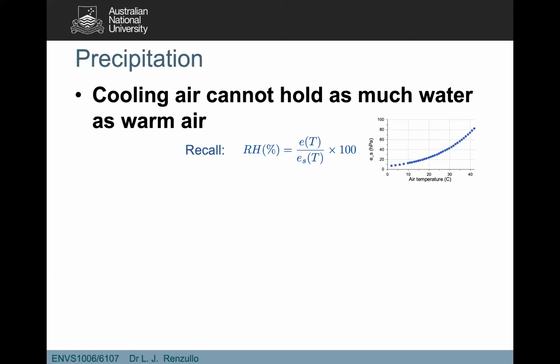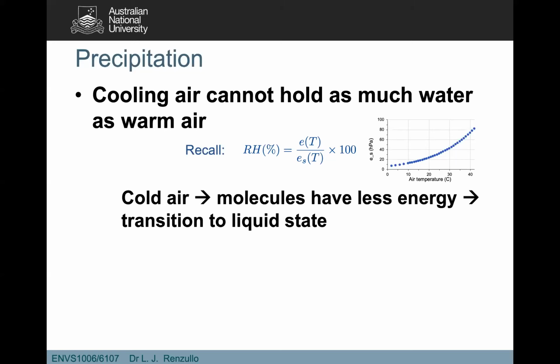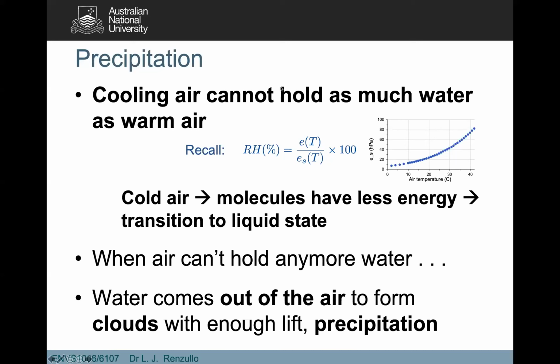We compare that to the maximum vapor pressure it could exert at saturation to get our estimate of relative humidity. Cooler air molecules have less energy than warmer air molecules. And so what ends up happening as the temperature decreases is that we transition from a gas into a liquid. And that liquid eventually comes out of the air to form clouds. And if it lifts enough, it will lead to rainfall or precipitation.